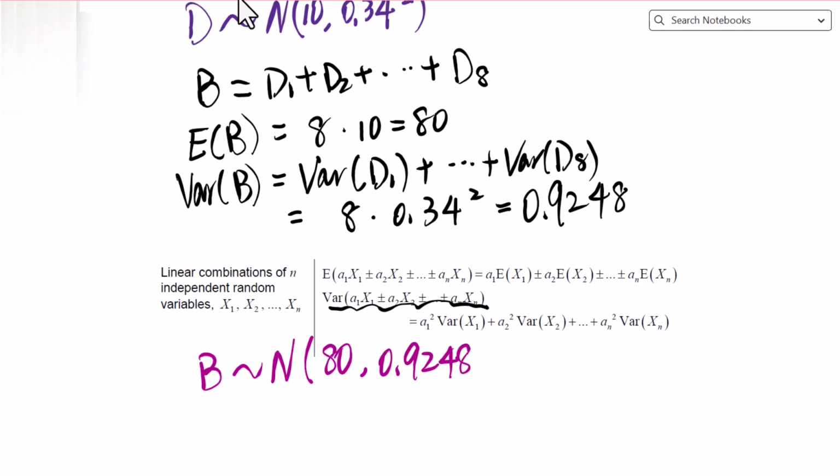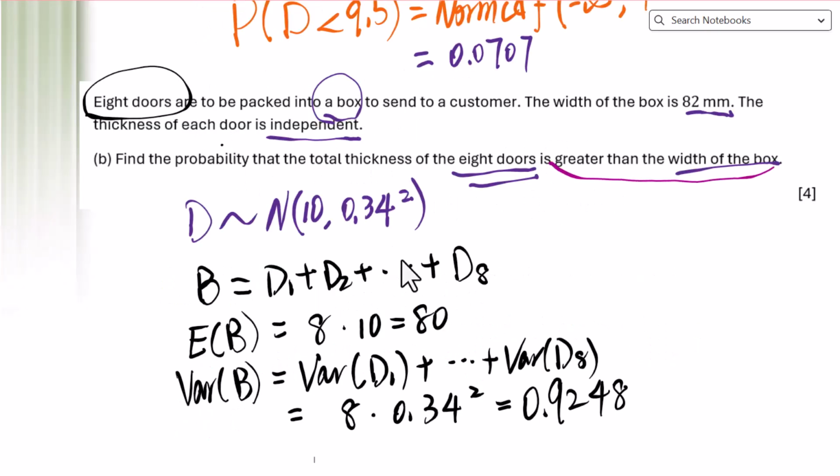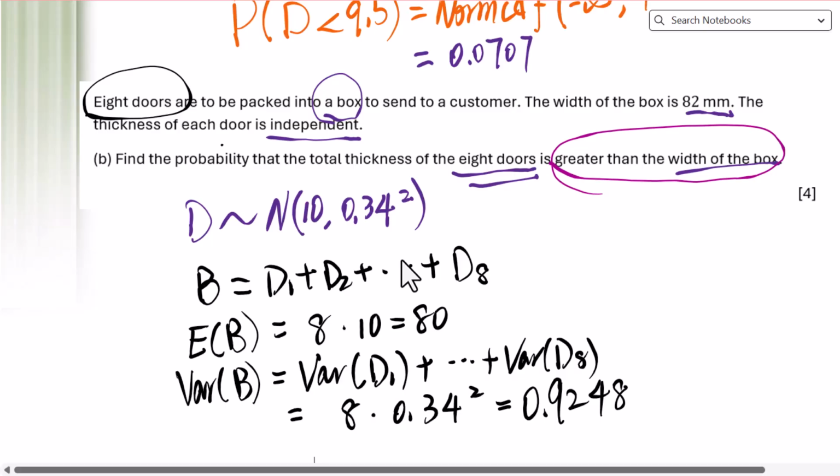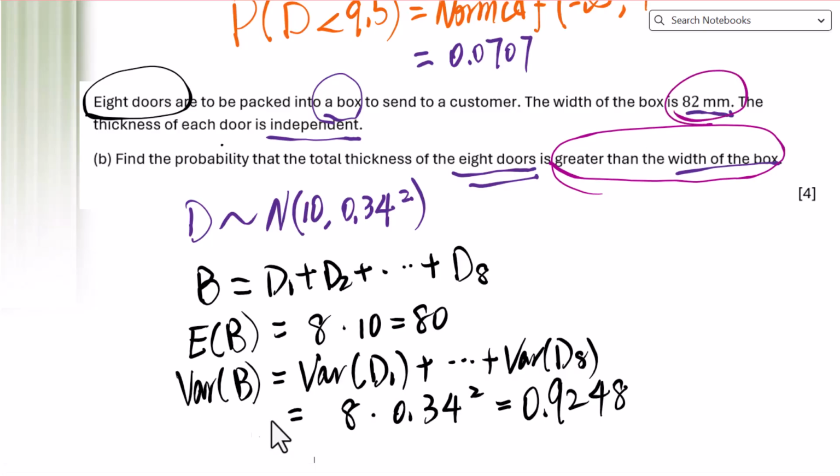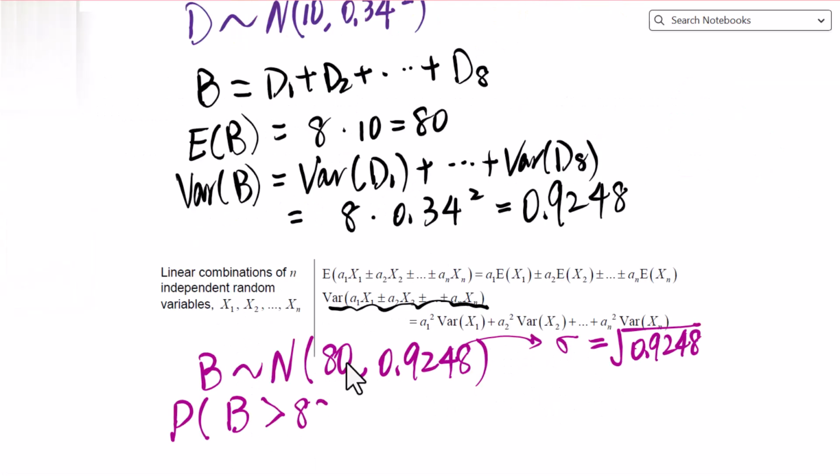0.9248 as the variance. So sigma equals square root 0.9248. We are looking for probability of this B greater than the width of the box, 82. B greater than 82.